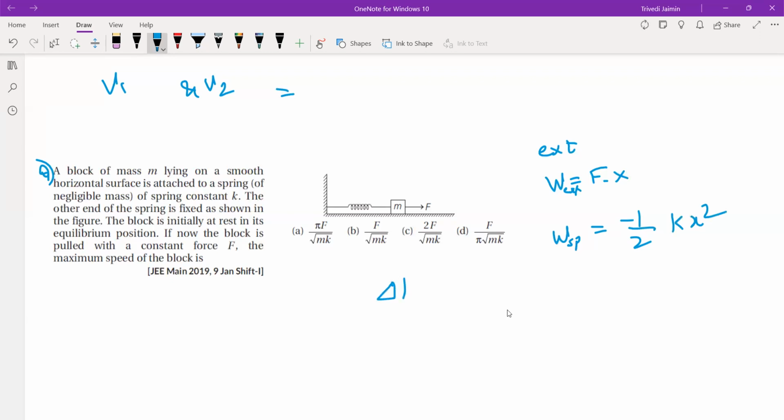It means change in kinetic energy equals force into x minus half kx square. Now this is also equal to delta K, final minus K initial, equals F into x.